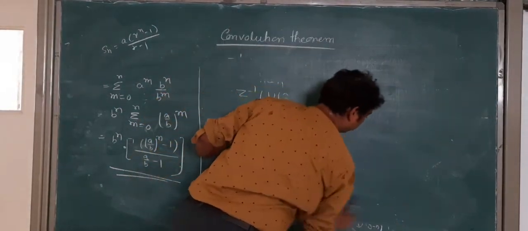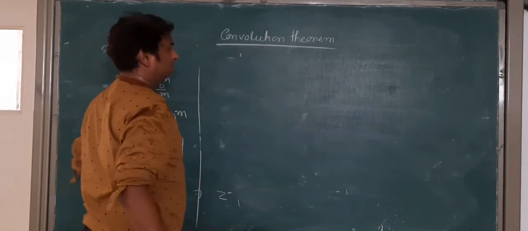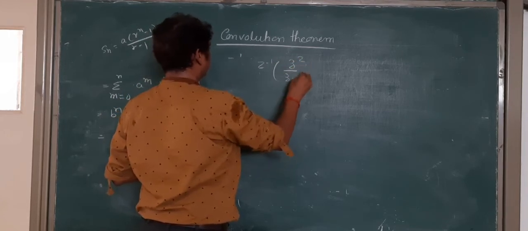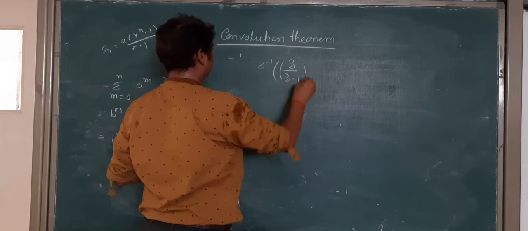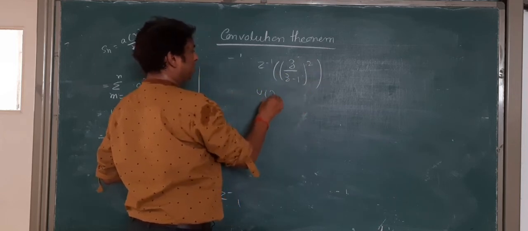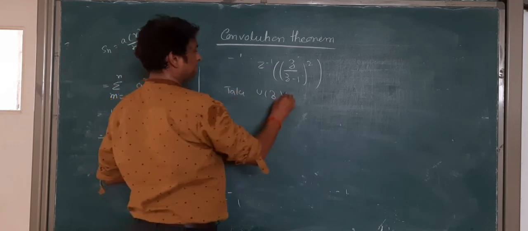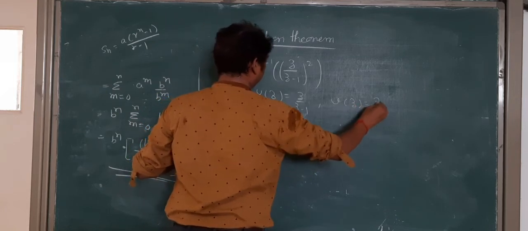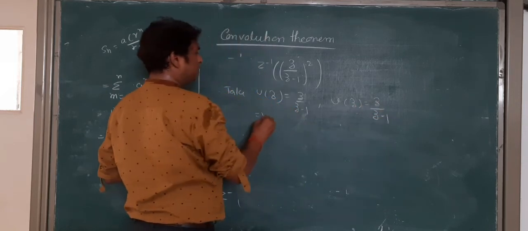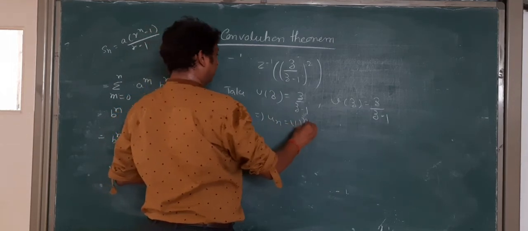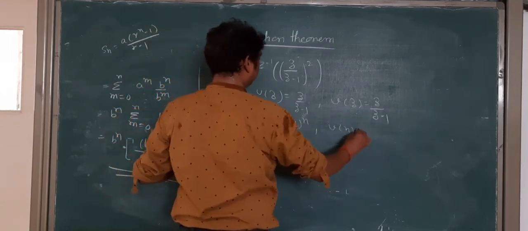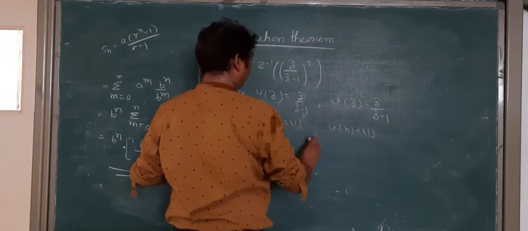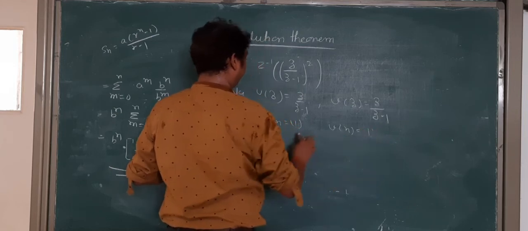One more example we will do for convolution. Suppose we have to calculate the Z inverse of z square upon (z minus 1) whole square. What are U(z) and V(z) we take? U(z) is z upon z minus 1, and V(z) is z upon z minus 1. Then u(n) is 1 to the power n, and v(n) is also 1.